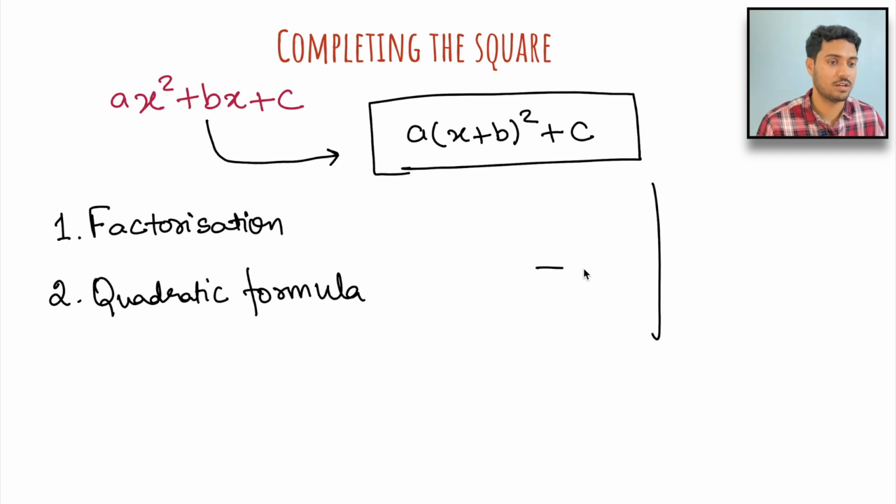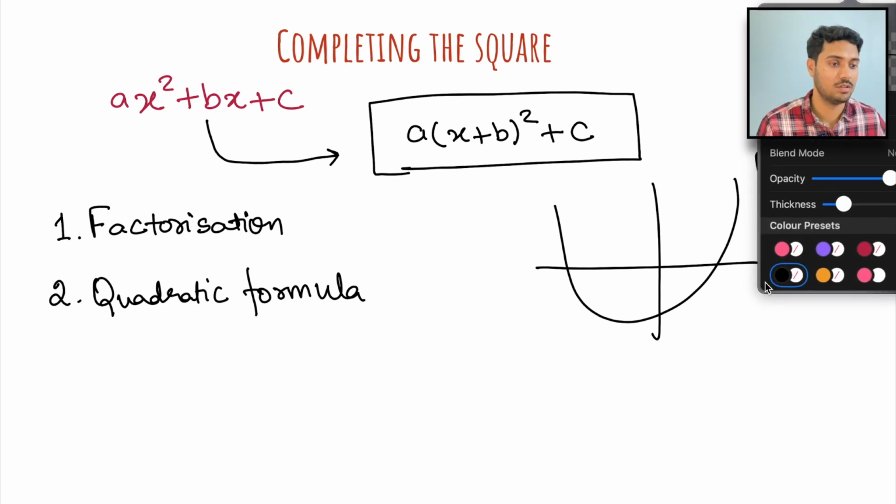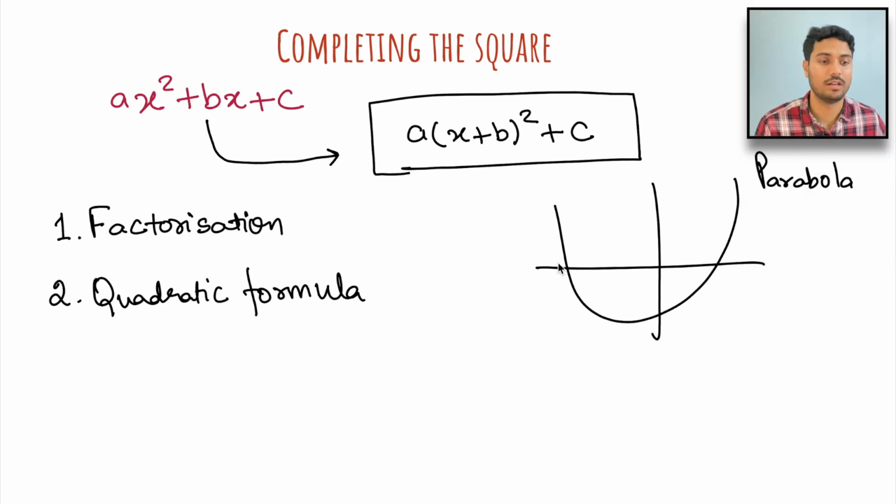So let's say this is your graph, this is your parabola, because the graphical representation of a quadratic expression is a parabola. When you solve a quadratic equation, you get the solutions, these are your x1 and x2.